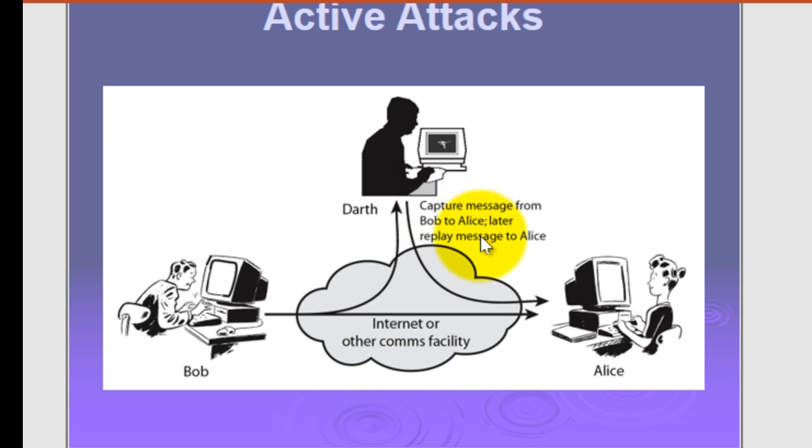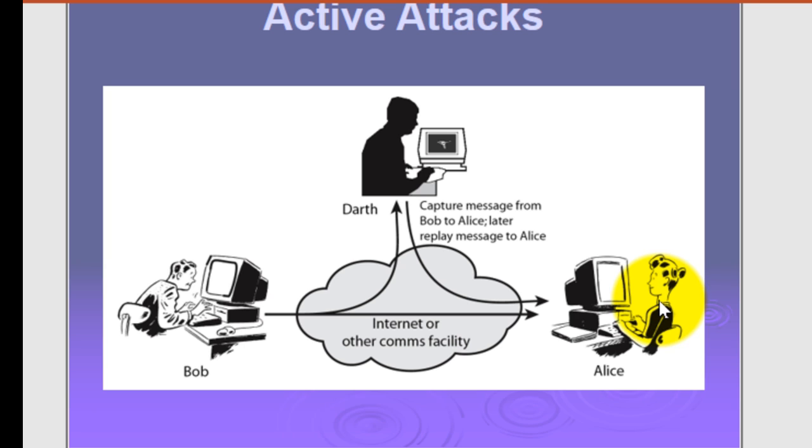He captures the message sent by Bob and replays the message to Alice. Earlier, in the passive attack, Darth only observed the message. He didn't capture it. But here he captures the message sent by Bob and replays it to Alice. Even if it is the same message without any modification, it is an active attack because it is captured by Darth and replayed. So replaying of messages also comes under active attacks.